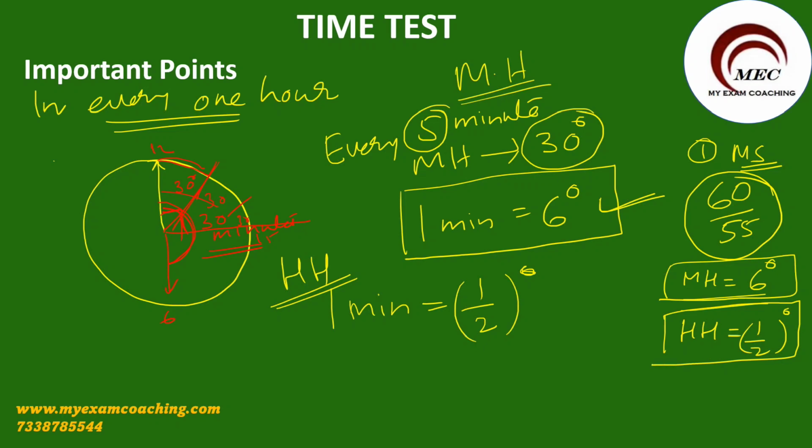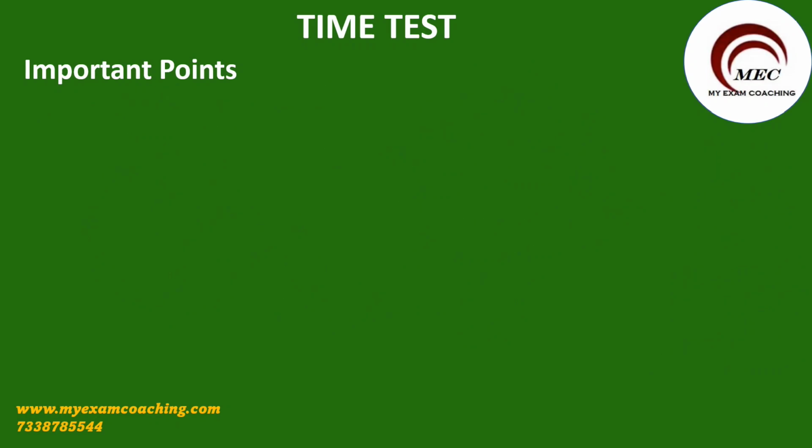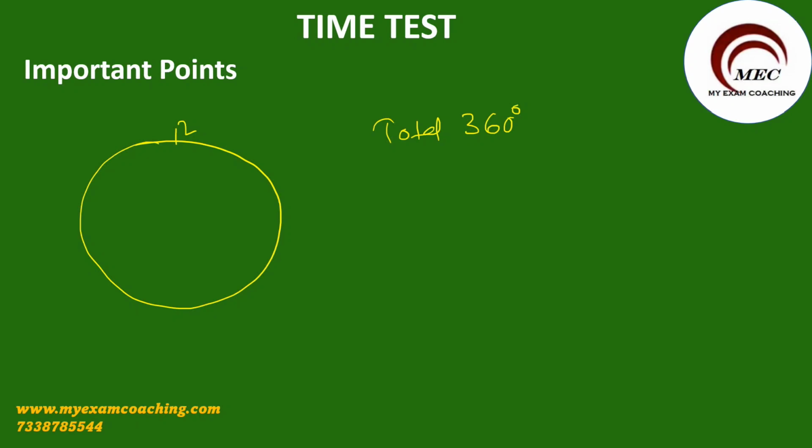Now let us see how to show this. For every clock, the total is 360 degrees. So from 12 to 6 it will be 180 degrees. From 12 to 3 it will be 90 degrees.